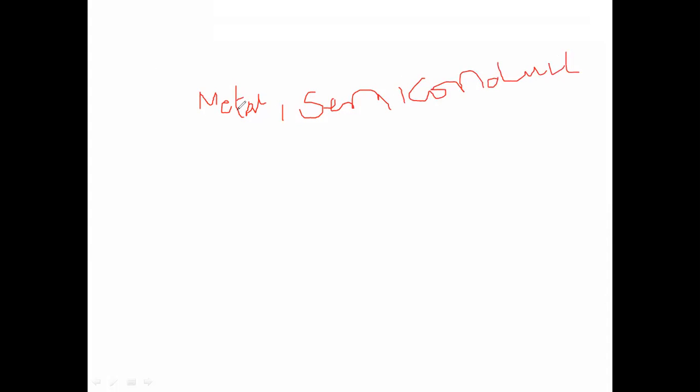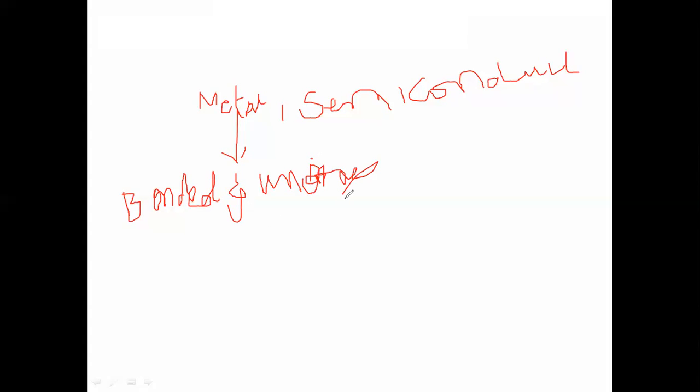Metal strain gauges are again classified into bonded and unbonded strain gauges.